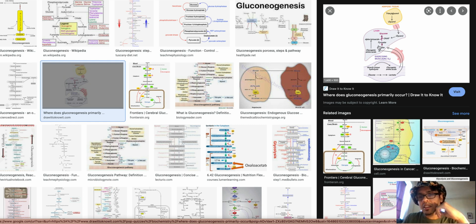All these three things combined together, pyruvate, DHAP, and alpha keto acids, form glucose. So that's gluconeogenesis, and it occurs with input provided by the fat tissues and the muscle tissues. That's a quick introduction.